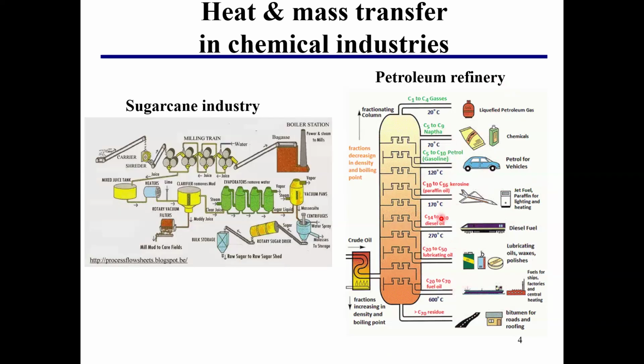All right, so you can see from these examples that heat transfer as well as mass transfer are important in chemical industries, and we should know the basics of both of these to be able to design these equipments.